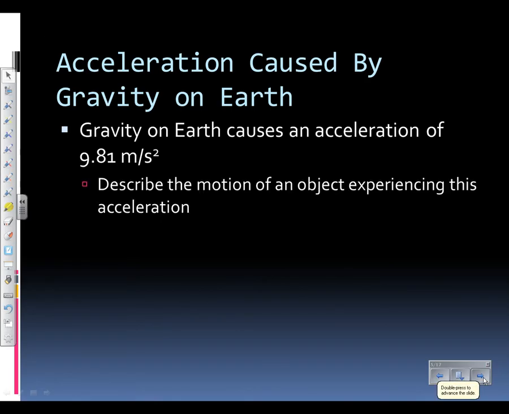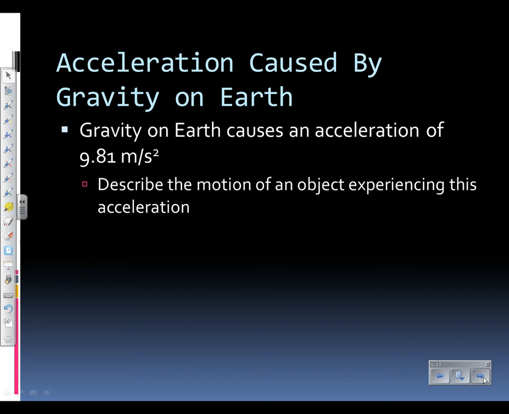But first, if we say that gravity causes an acceleration of 9.81 meters per second squared, what does that mean physically? Cam, go ahead. Every second that it's falling, its velocity will increase 9.81 meters per second.